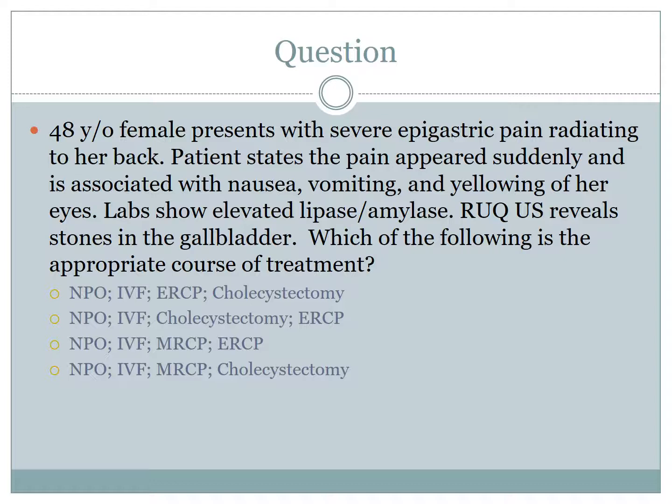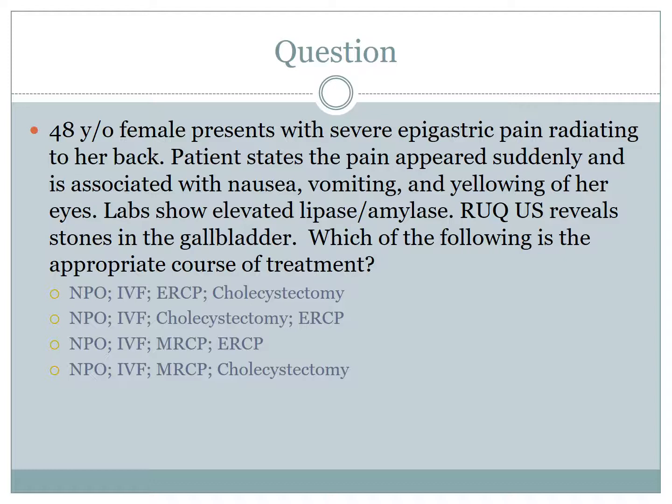So there's a lot going on here. She's female, she has epigastric pain radiating to her back, she's jaundiced, and she has gallstones and an elevated amylase and lipase. So what does this sound like?